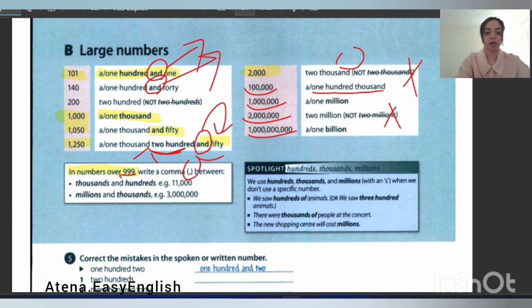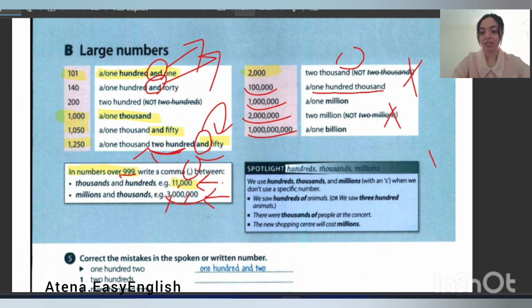So in here, look, 3 by 3, we separate the numbers by a comma. Look at the number 1. Here, look, how many numbers do we have? 5. So after 3, we use a comma, and here again 2 commas. This is how we write the large numbers, of course, in English.